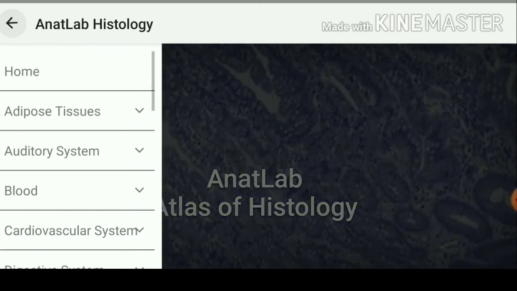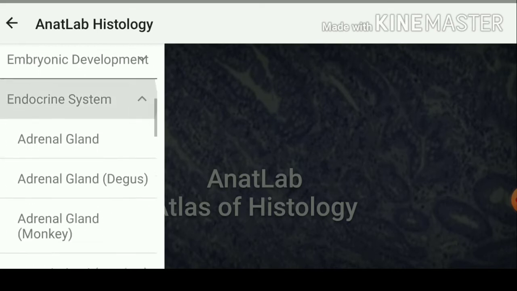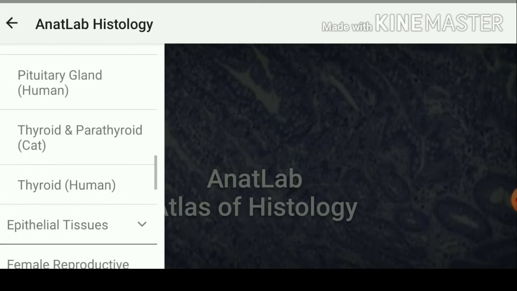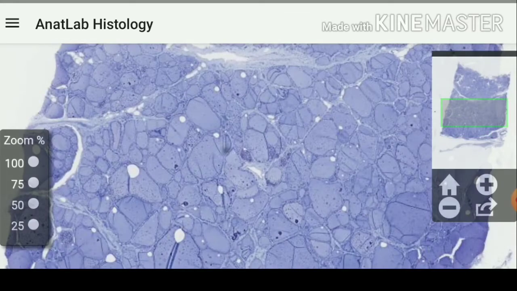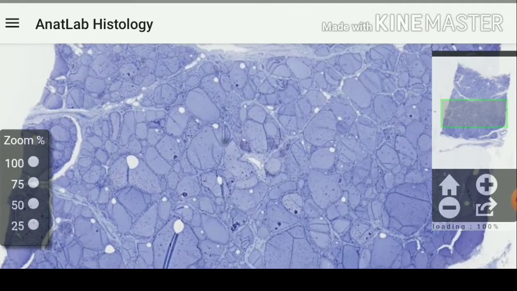So I will choose the endocrine system and I'll go for the thyroid gland. Now here we can see the thyroid gland. So how can I know that this is a histology of the thyroid gland? If you have studied thyroid histology, you must have some idea about the structure: the thyroid gland comprises different sizes of follicles, and it seems like a circle with colloid inside.